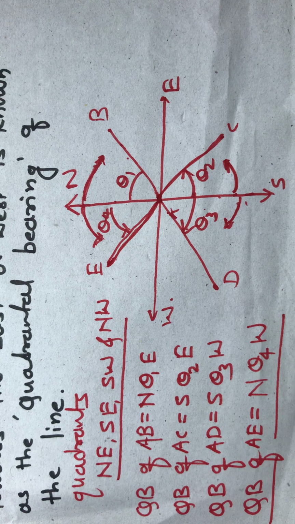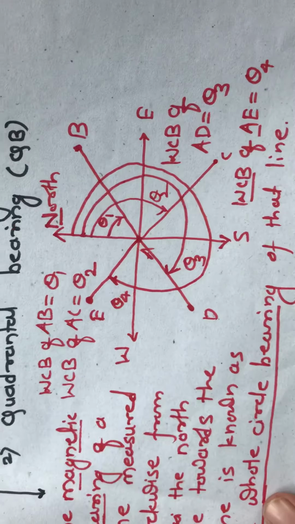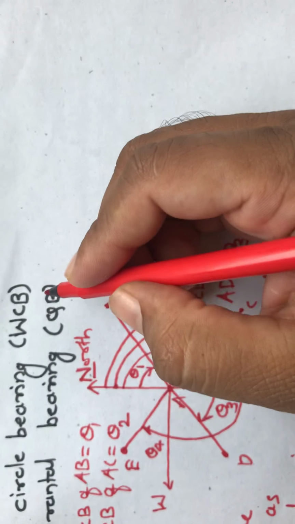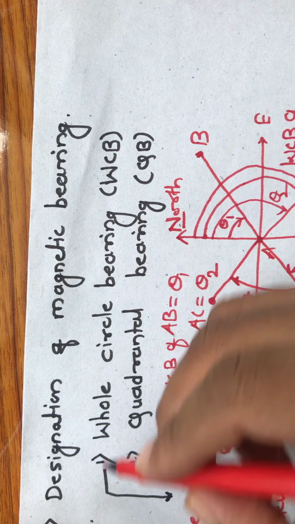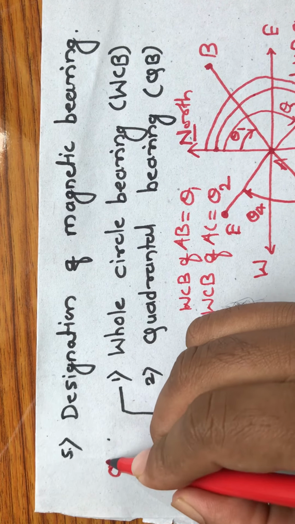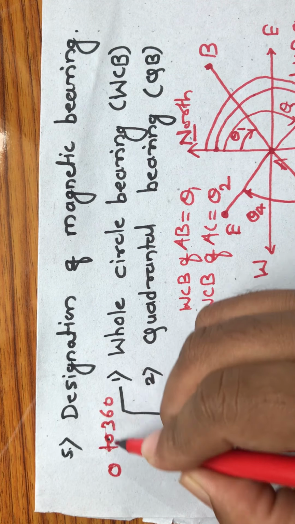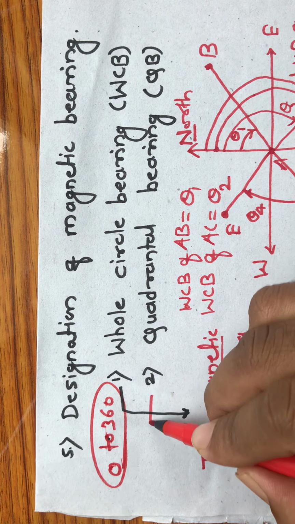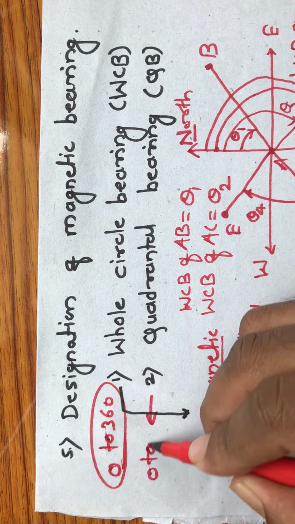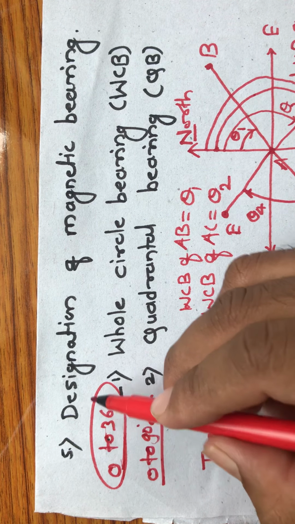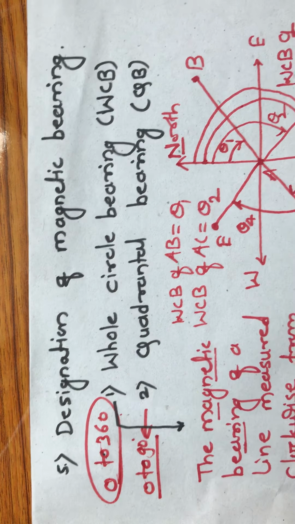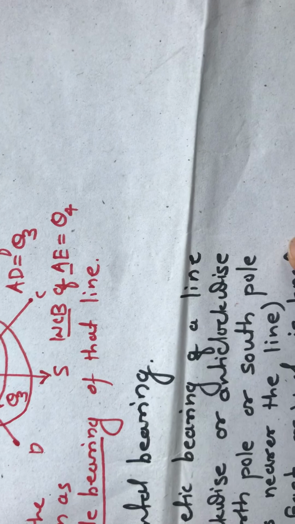That means for the whole circle bearing, the angle may be 0 to 360 degrees. But in quadrantal bearing the angle will be 0 to 90 degrees, because we have 4 quadrants. Here there are no quadrants, always measuring from the north towards the line. Okay, simple.